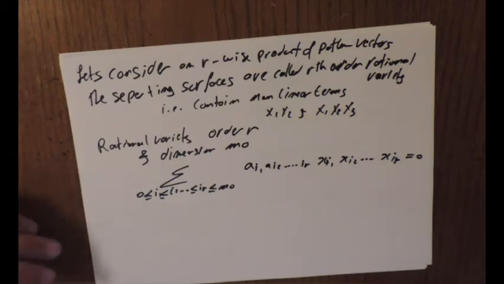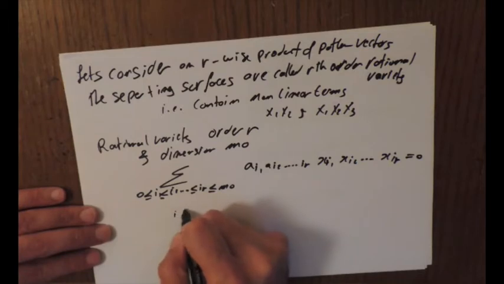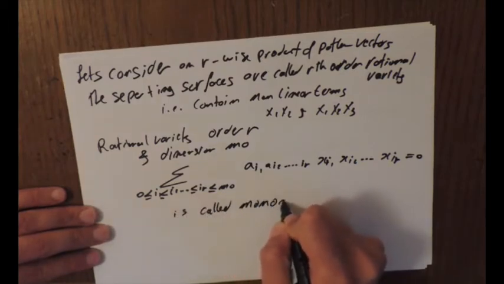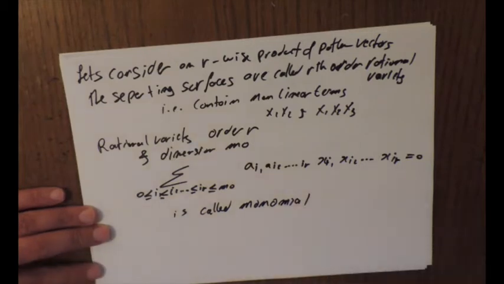So this rth order product of entries of xi is called a monomial, and there are many combinations of monomials.